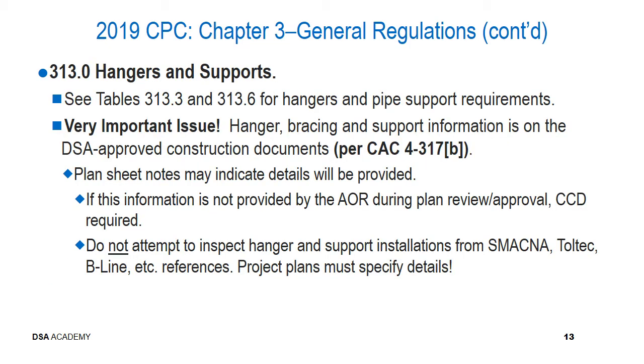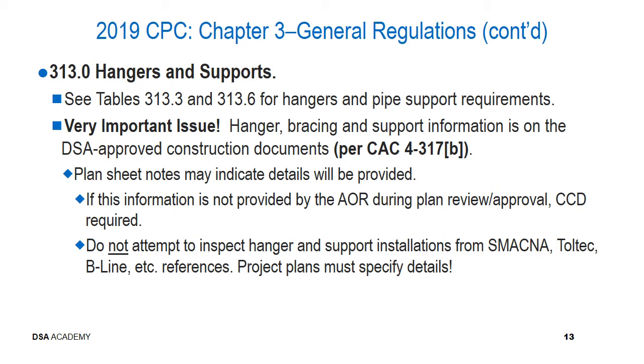Now we're going to talk about a very important topic, which is hangers and supports for piping systems. The reason this is an important topic is because it addresses the structural safety of the piping systems and also the structure itself. Chapter 3, specifically Tables 313.3 and 313.6, identify hangers and pipe support requirements.